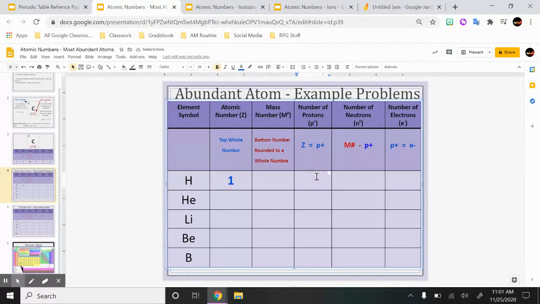So my protons and my electrons are also going to equal 1. My mass at the bottom was 1.01. So I want to round this to a whole number. So when I round this, I have 0.0, so I'm going to round down to just 1. To find my neutrons, I do mass minus protons equals 0 neutrons.